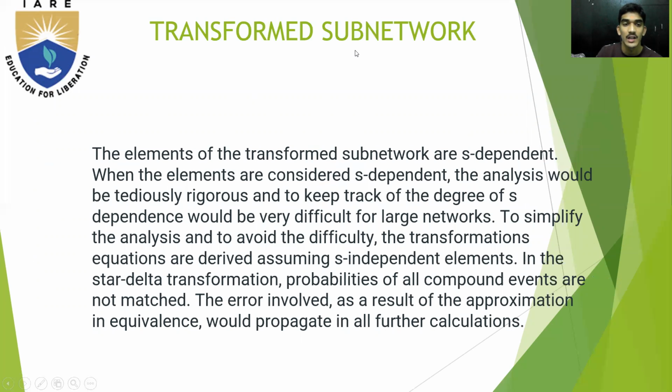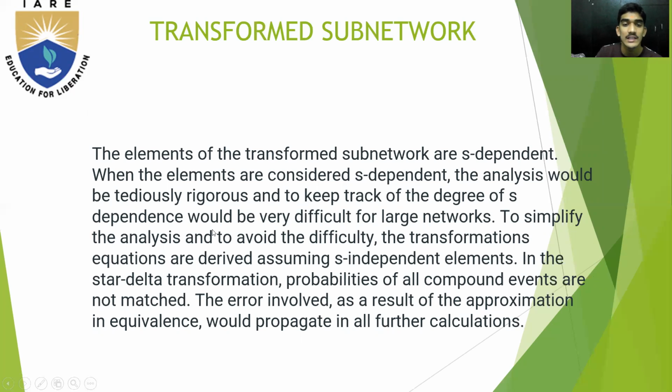Transformed subnetwork. The elements of the transformed subnetwork are S-independent. When the elements are considered S-dependent, the analysis would be tedious and rigorous, and to keep track of the degree of S-dependence would be very difficult for large networks.